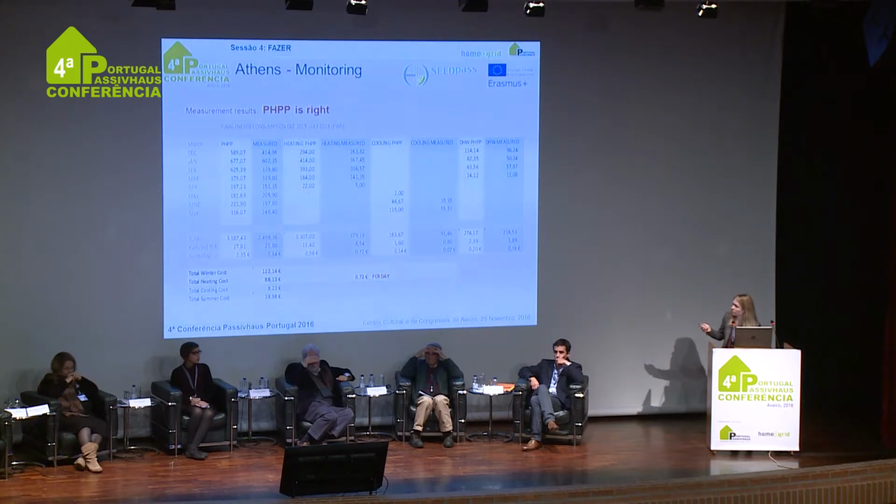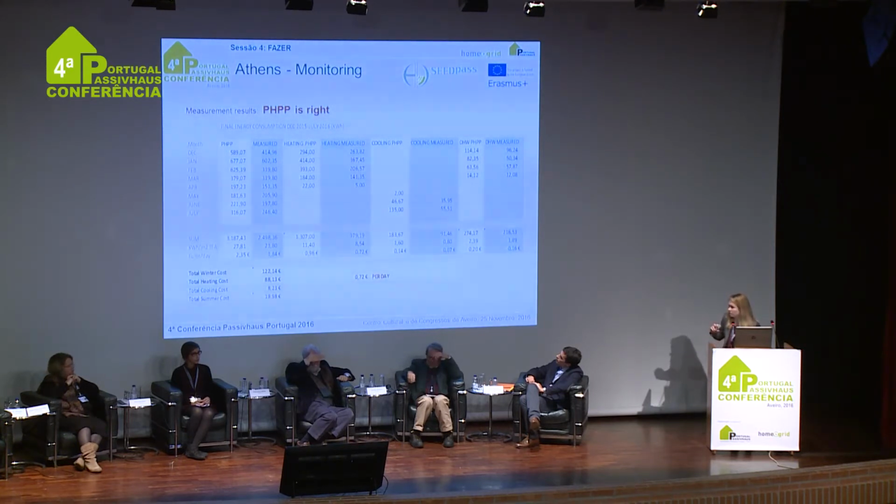Now these are data about the heating demand and the cooling demand in the first month of monitoring, and you can see that the deviations are really small between what we have simulated with PHPP and what has been measured so far. You always need to keep in mind that maybe here there's 6 kilowatt-hour per square meter of difference, but what is 6 kilowatt-hour in comparison to the 300?